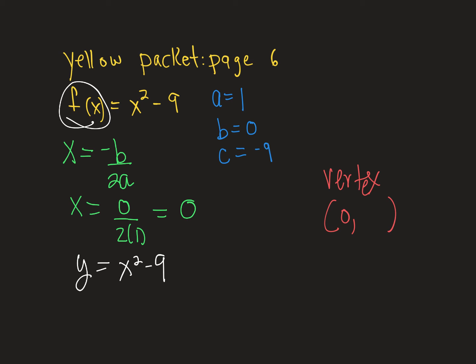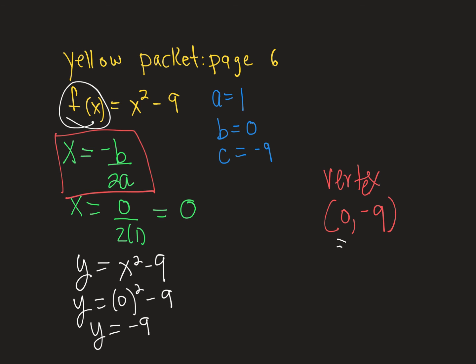And in place of x, we're going to put in the x that we know, which is 0. And then do the arithmetic, and our y value would be -9, and that's the y value of our vertex. So now take a look at page 6 and compare what we got on the graph versus what we got using our equation. And make sure that we have exactly the same vertex.